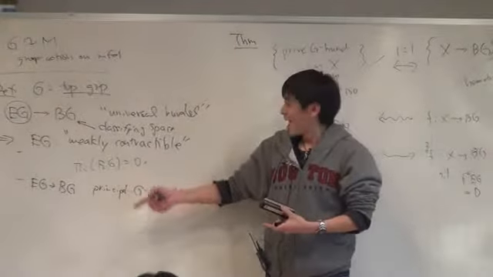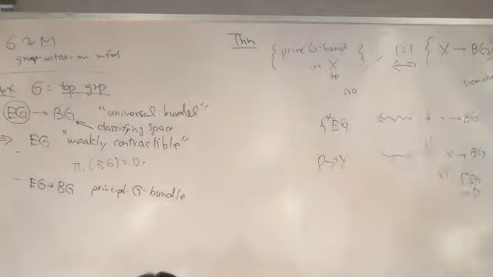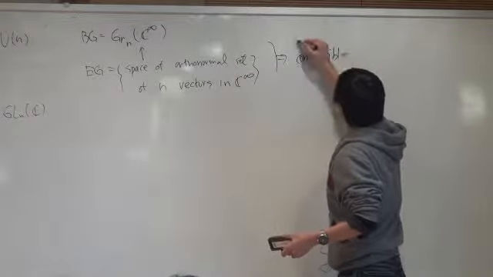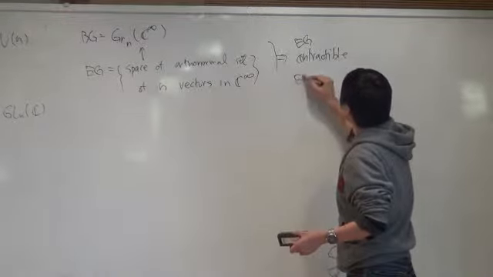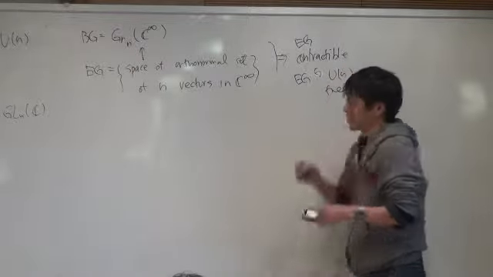So most of the time, when we have a cell decomposition, weakly contractible is actually contractible. So this is contractible, and the action of UN is free.